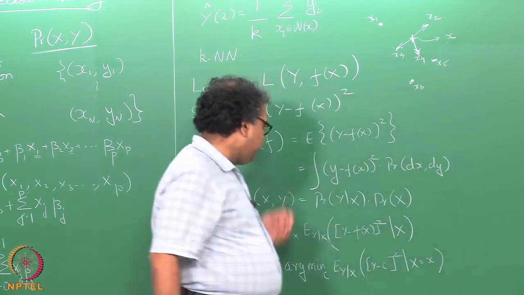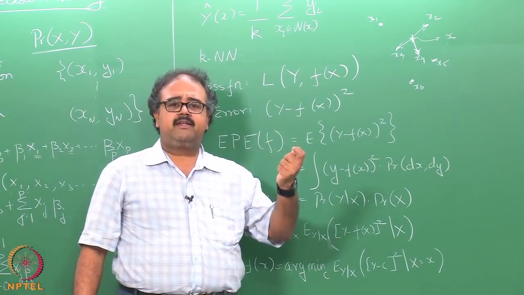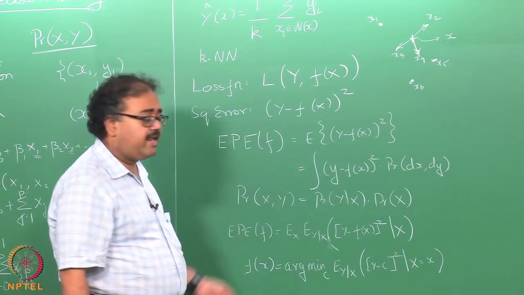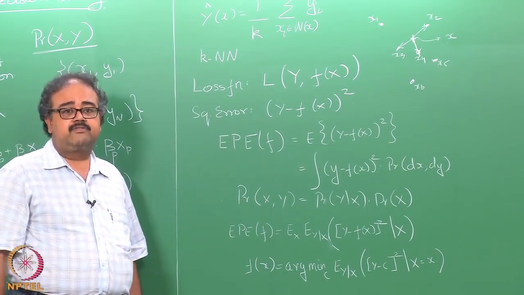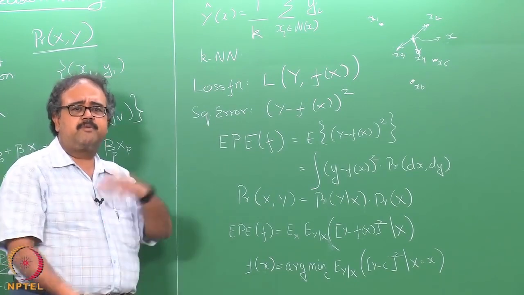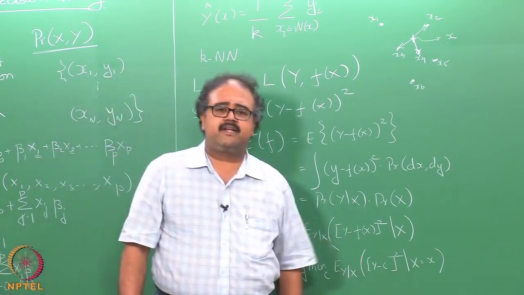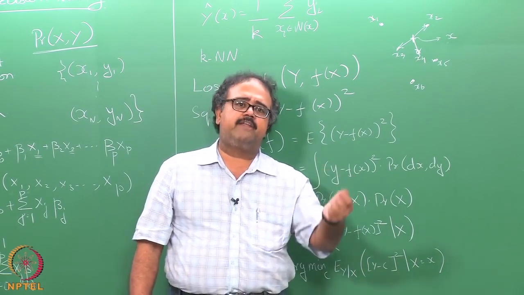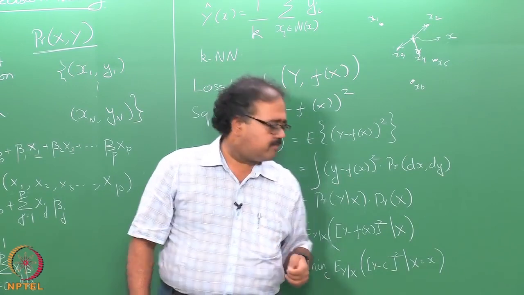Given an x, f of x has to be a specific number. So, let us say somebody with an age of 25 and income of 15,000 rupees walks into my shop, I can only give one output. He is going to buy a computer or does not buy a computer, or I am measuring the temperature at 3 am, what will be the value? I can give you only one number since I have already fixed the input description. So, I am going to give you one output corresponding to that input description.